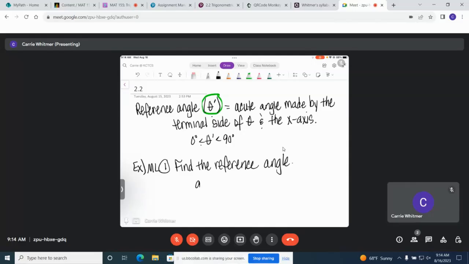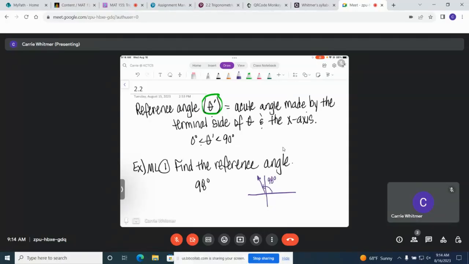And we have 98 degrees. If I am drawing 98 degrees, that's going to be over here in quadrant 2, just past the y-axis.